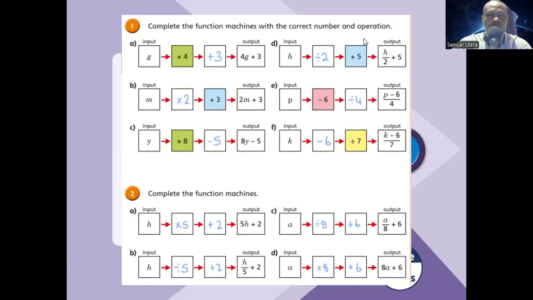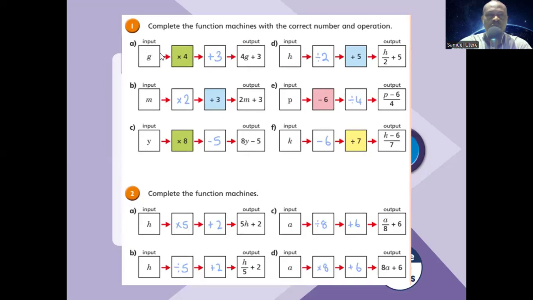So for question 1, you were asked to complete the function machines with the correct number and operation. So here, this is g multiplied by 4 plus 3. Why? You can clearly see that we have 4g plus 3.